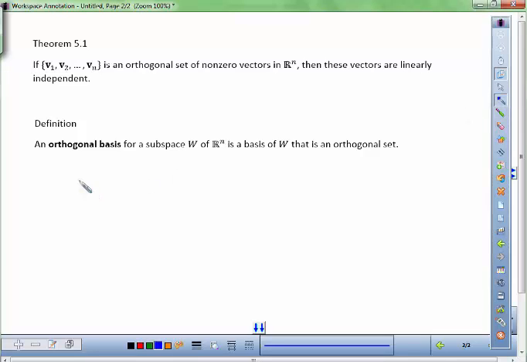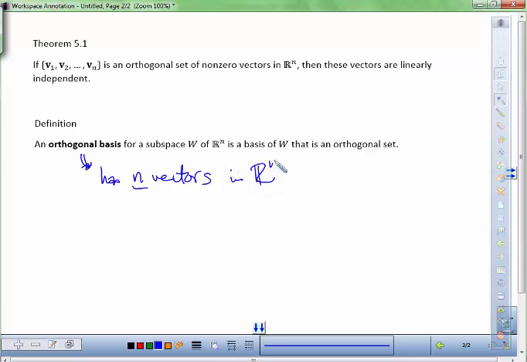Now, let's make a couple of comments here. If the orthogonal basis has n vectors, and the n matches with the Rn, then it actually forms a basis for all of Rn.